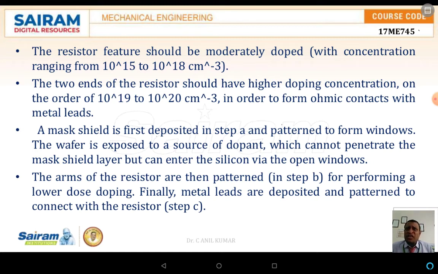The mask shield is first deposited and patterned, with a window where the opening is on the mask. The wafers are exposed to the source of the dopant, which cannot penetrate through the mask shield layer, but can enter the silicon via the opening window only.